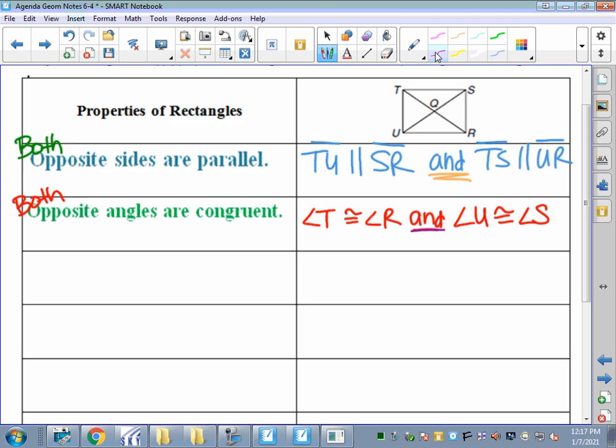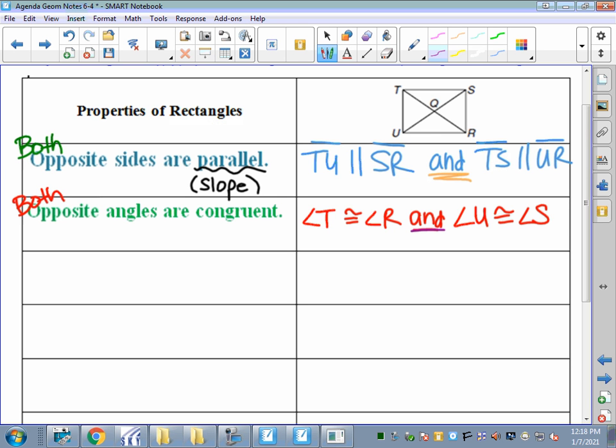Before I went to both pairs of opposite angles are congruent, I forgot to ask about that coordinate plane question. You all know, because we did this in section 6.3, if I'm on a coordinate plane, an XY graph, and I'm looking for parallel, what do I need to use, or what do I need to calculate or count in order to determine parallel? Right, that would be slope. So if I'm asking you to show me that both pairs of opposite sides are parallel, you've got to find slope if we're working on a coordinate plane.